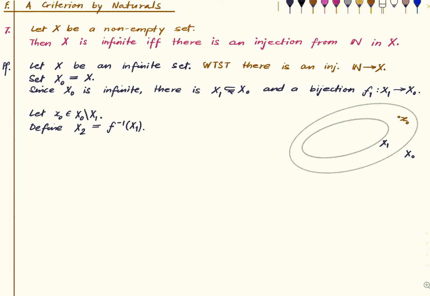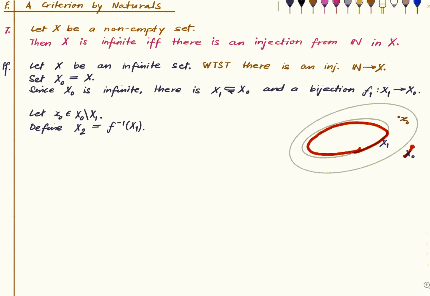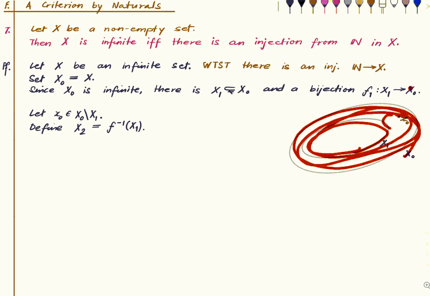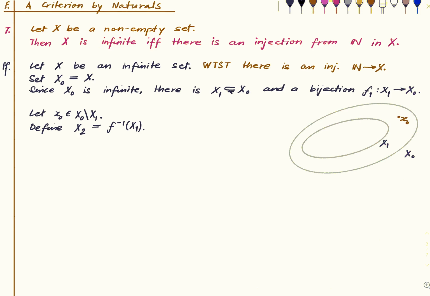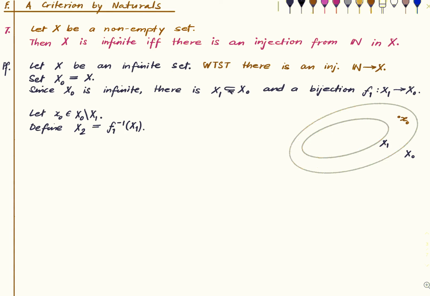So f1 is a function with domain X1 which maps the entirety of X1 bijectively onto X0. But since X0 is the target of F1, and since X0 contains the subset X1, we can take its preimage.